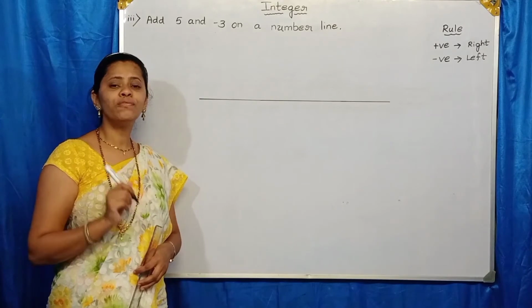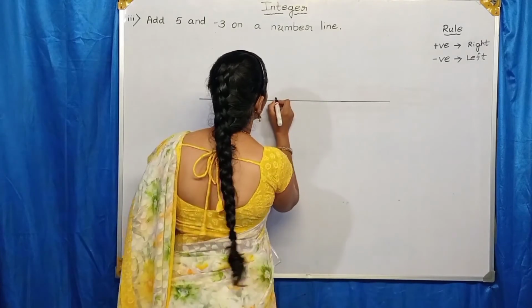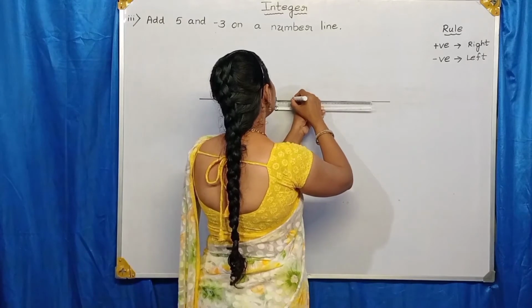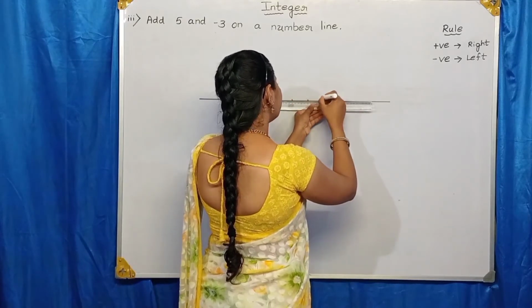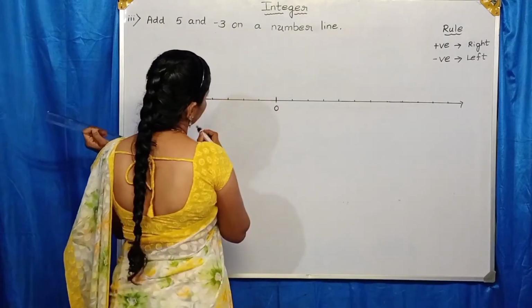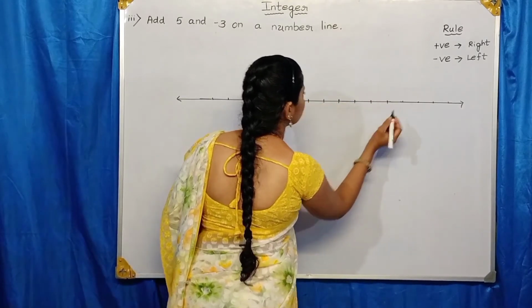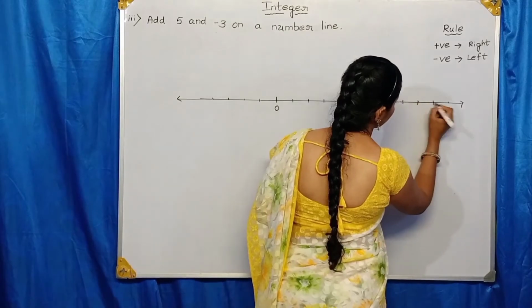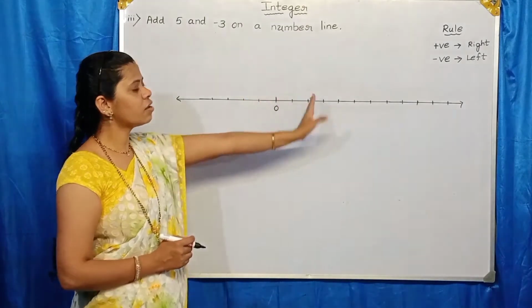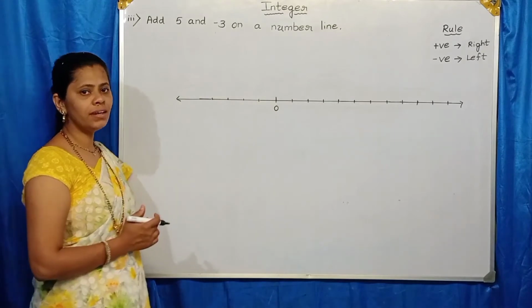To draw a number line, follow the same steps as we have done before. Mark the middle point as 0 and mark each point equidistant from one another. We have marked the points equidistant from one another, and on the right side of 0 we will write the positive numbers and on the left side of 0 we will write the negative numbers.